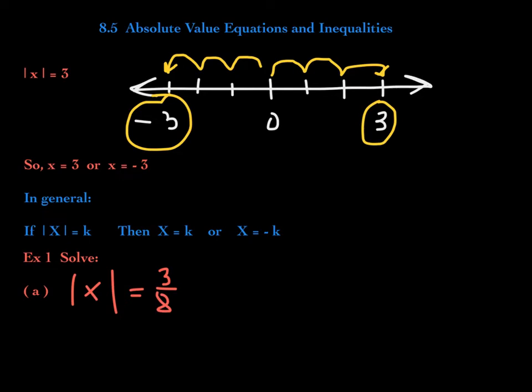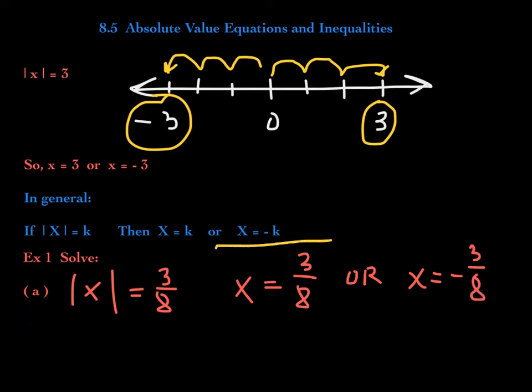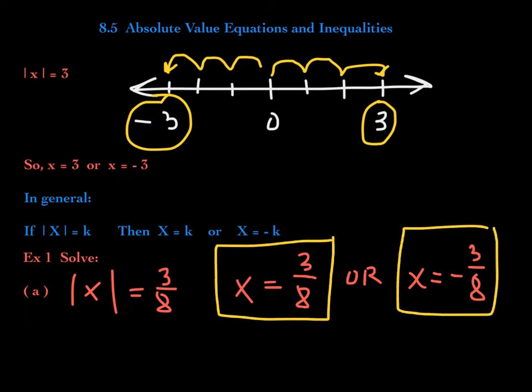However, using our generalization, our rule, x will either be equal to 3/8 exactly, or x will equal the opposite of 3/8. These are our two solutions. Either x is 3/8 or x is negative 3/8. The absolute value of 3/8 is 3/8. The absolute value of negative 3/8 is 3/8. Let's continue.